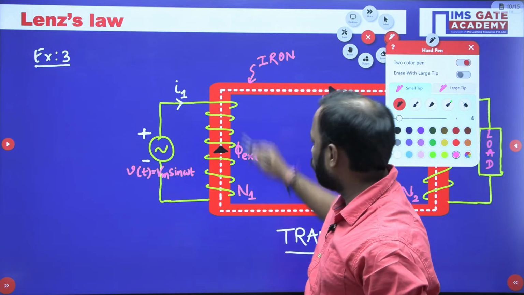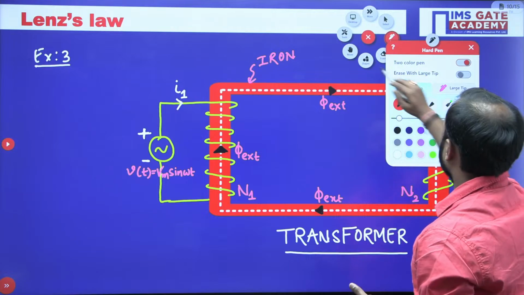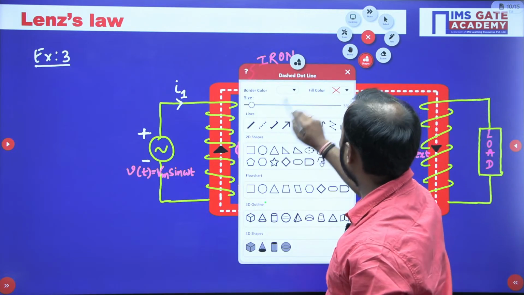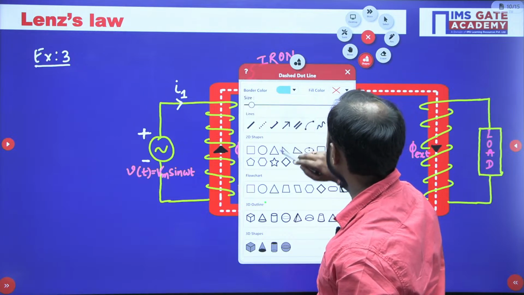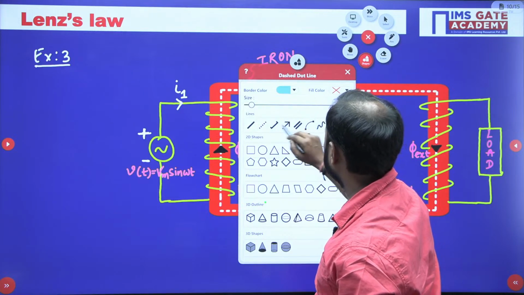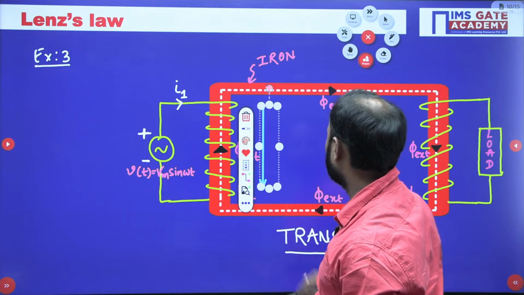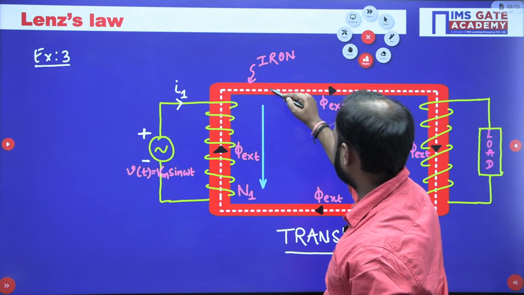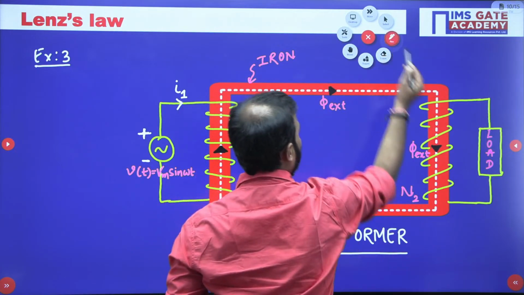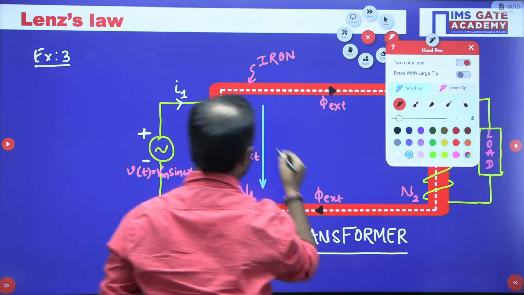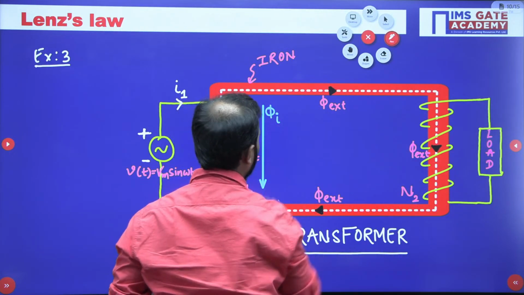It should be downward. तभी तो हम बोलेंगे ना opposition. तो देखो यहाँ पे it will be downward, like this. ठीक है? So this is your phi induced.